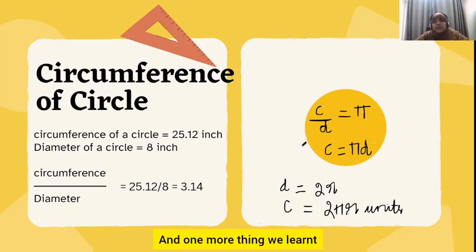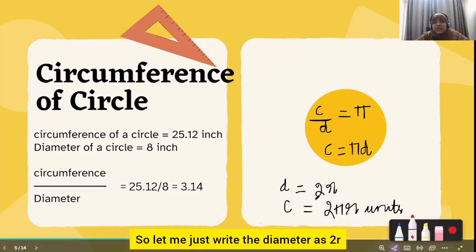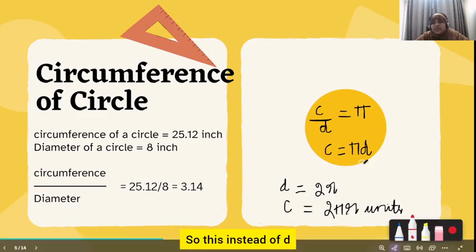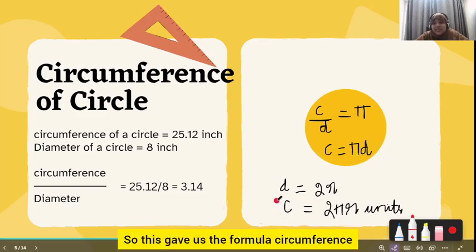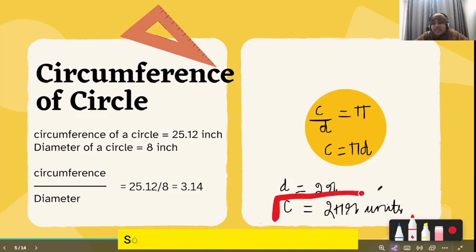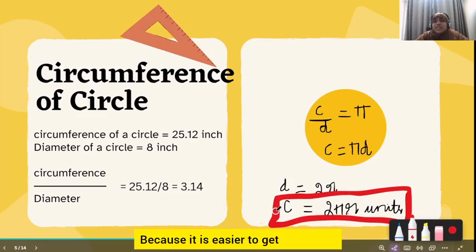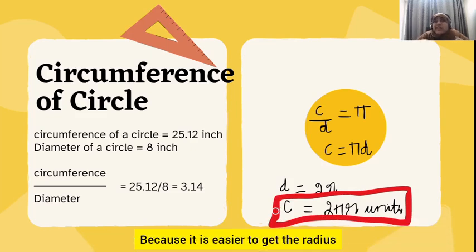One more thing we learned is that the radius is half of the diameter. So let me write the diameter as 2r, twice the radius. Instead of d, we started using 2r, and this gave us the formula circumference C equals 2 pi r units. Why? Because it is easier to get the radius.